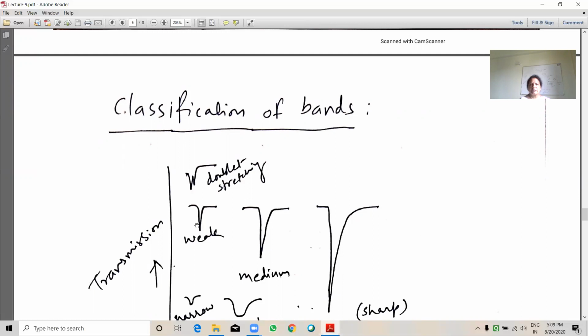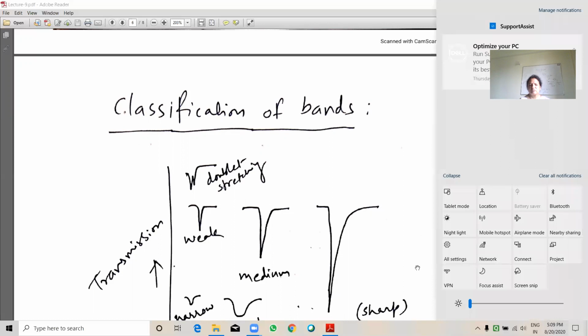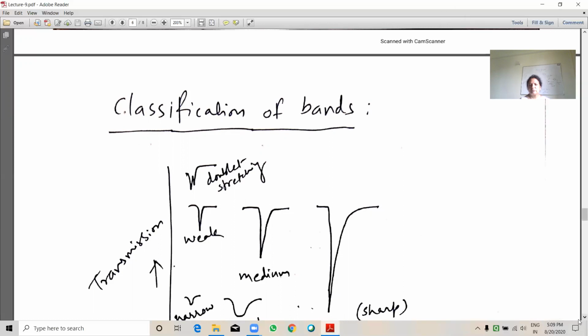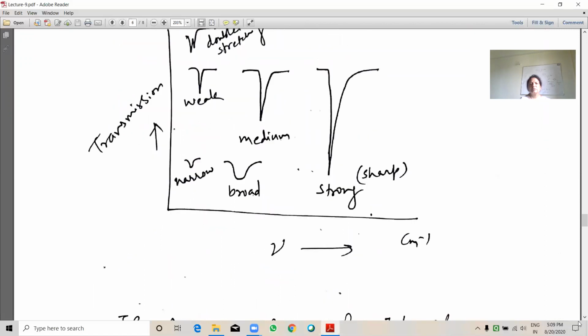So these are the broad singlet type. Medium is slightly higher, and sharp is higher still. So this graph is to show you what types of peaks are observed in the molecule: broad, narrow, medium, weak, strong.